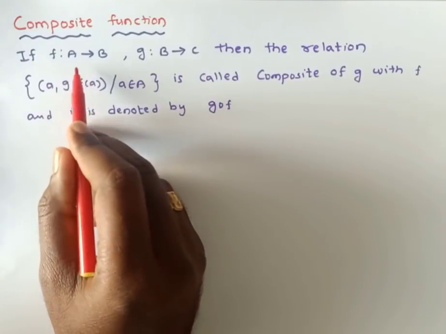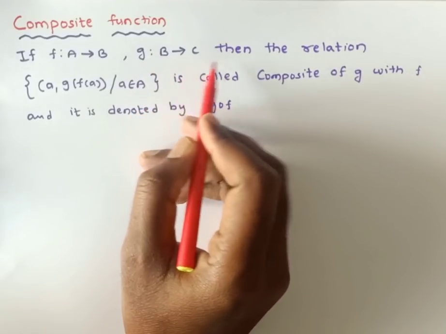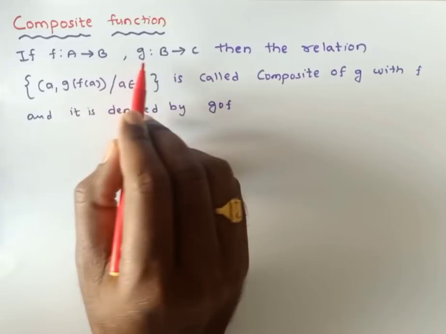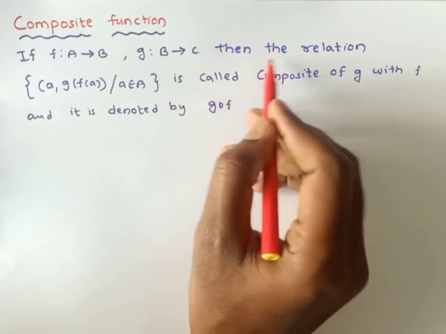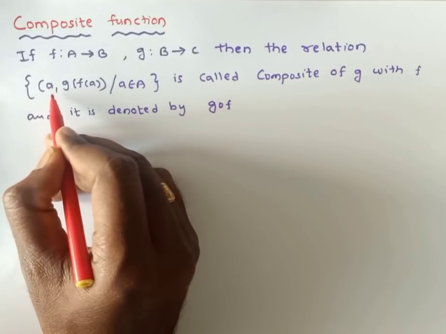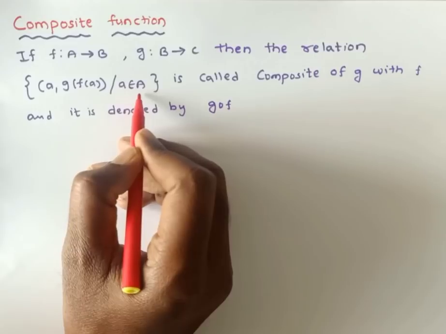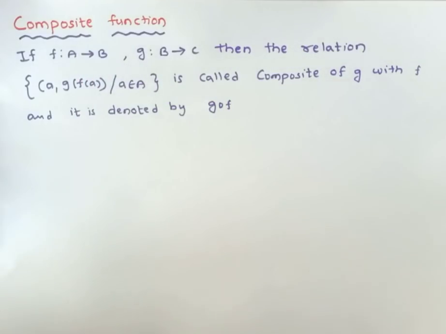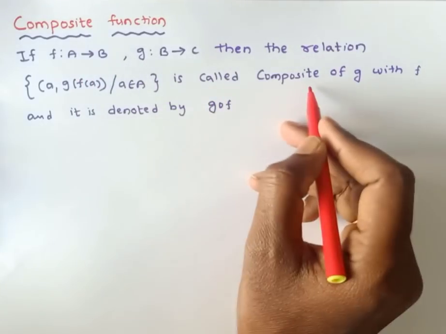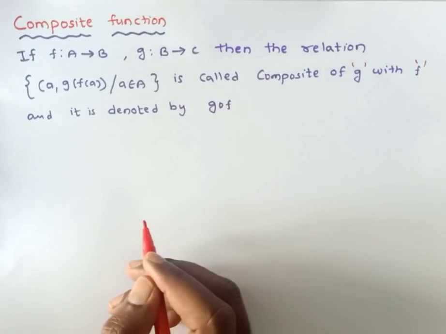If f from A to B and g from B to C are functions, then the relation, the set of ordered pairs (a, g(f(a))) such that a belongs to the set A, is known as the composite of g with f.